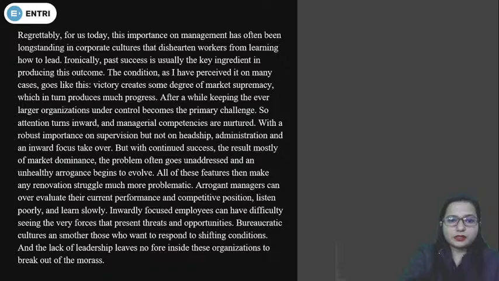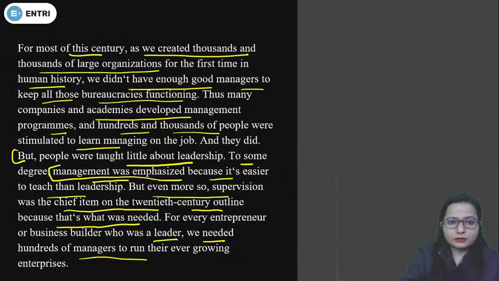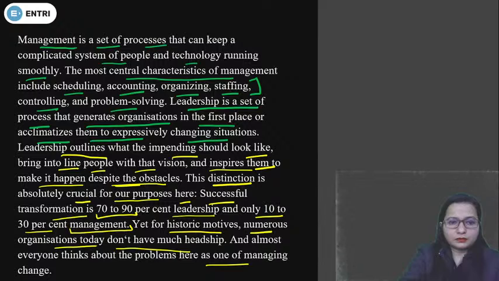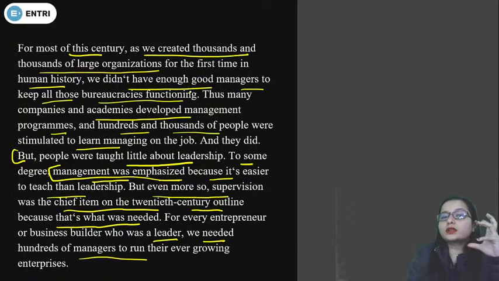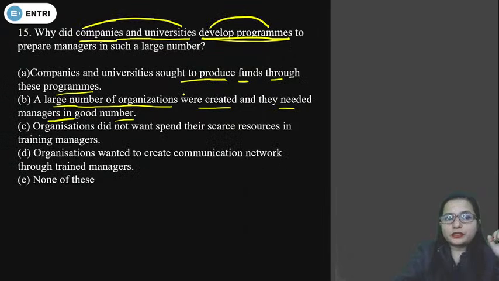Where could you find this? Here you can see that there are not good enough managers because they want them. So this is the reason we have to choose B option.